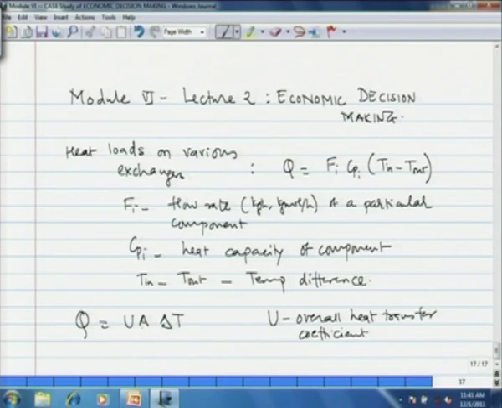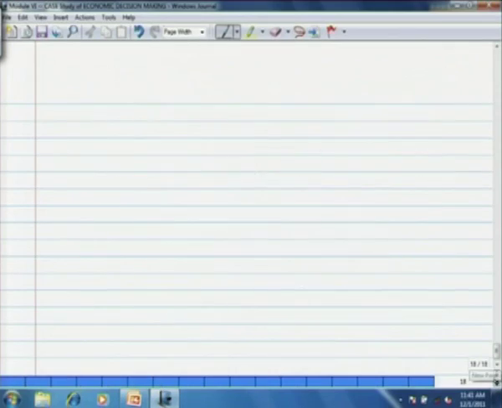And then from delta T we can calculate area, and from area you can get the capital cost of the exchanger, and then you can also determine the cost of water that is used for operating that exchanger. In this case we can have some process alternatives.